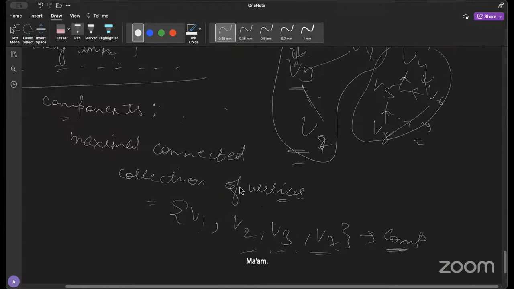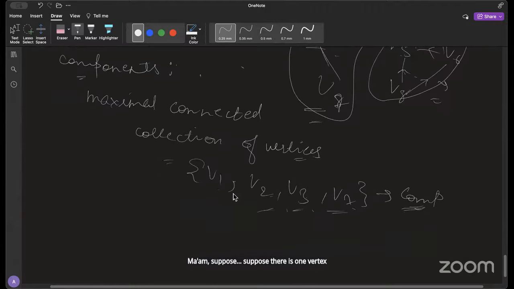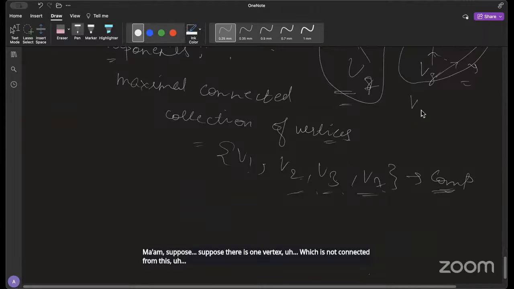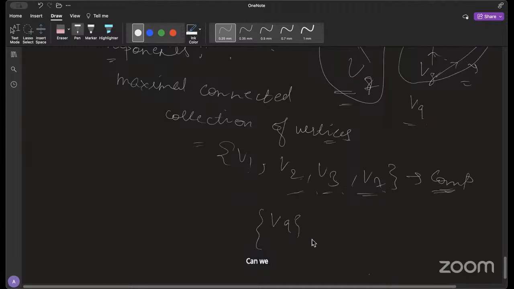Ma'am, suppose there is one vertex which is not connected to this graph, let's say V9 here. Can we call that vertex V9 alone a component? Yeah, it's a component, right? Because V9 is obviously connected, as there is no other vertex to check the connectedness. That means this set is connected.